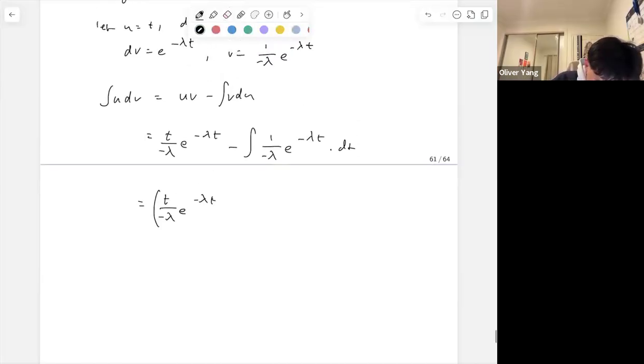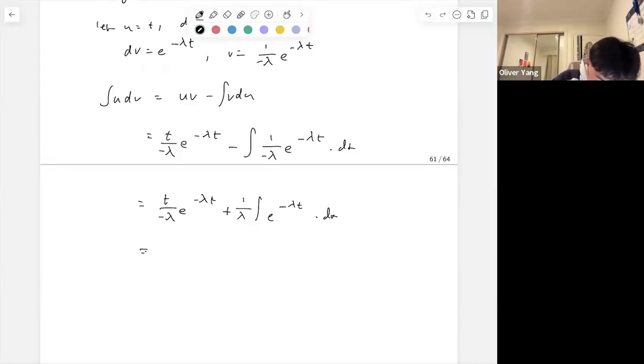So we're going to get minus, so that's going to be plus, right? Let's factorize the 1 over lambda out. So we're going to get 1 over lambda times the integral of e to the negative lambda t dt, right? So let's just do the integral now.